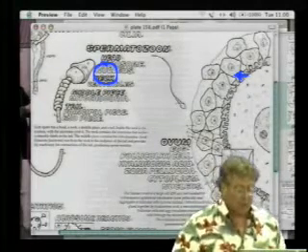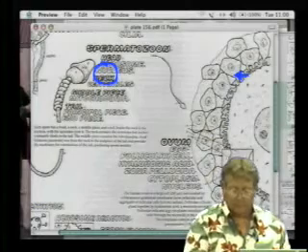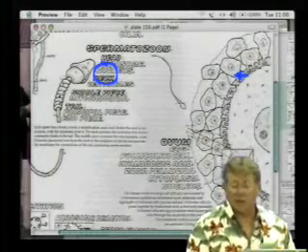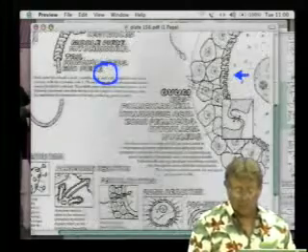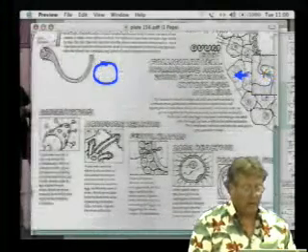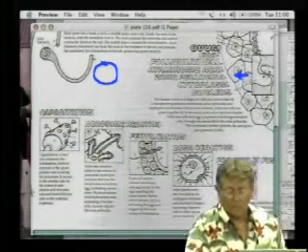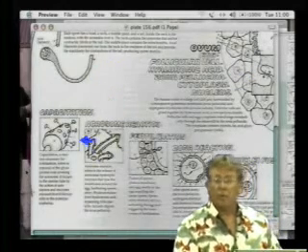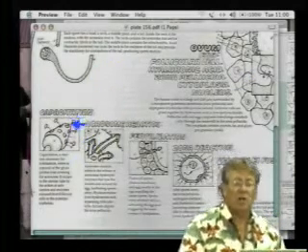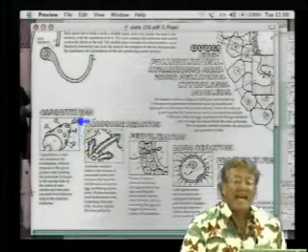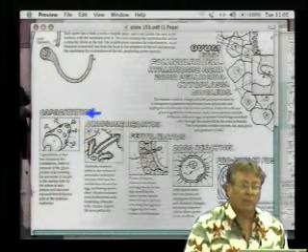Okay, capacitation. There are processes that set up and make this fertilization more effective. In order for the sperm to be effective, it must undergo a process called capacitation.